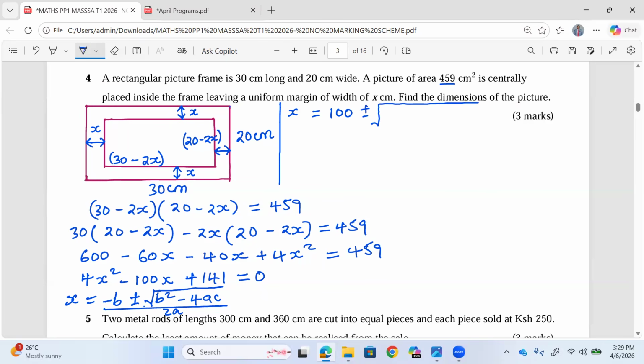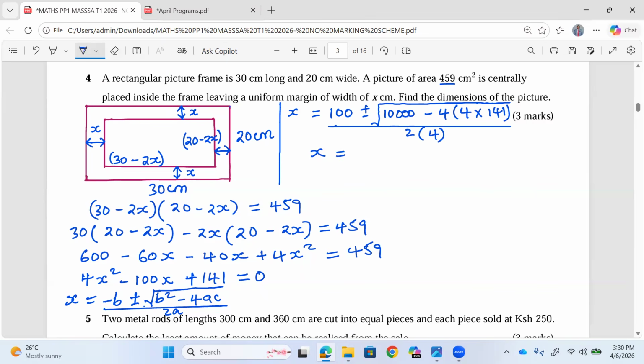When you square 100, you should get 10,000, minus 4 into a, which is 4. You see there are 2 4s there: 4, which is a constant in the formula, and the value of a is 4. Then c is 141, all over 2 multiplied by the value of a, which is 4.